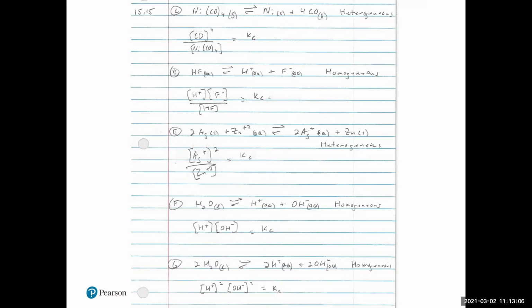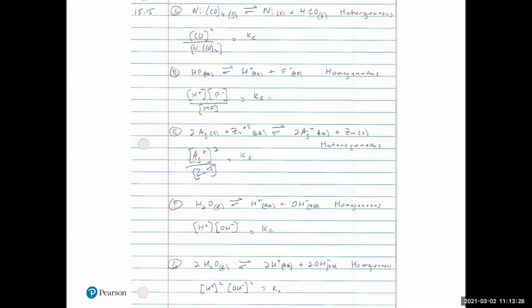Let's look at F here. This is another one that's a little bit different. So we have water over there on the reactant side, and then we have H+ and OH-, so hydrogen ions and hydroxide ions. And then we want to write that equilibrium expression.